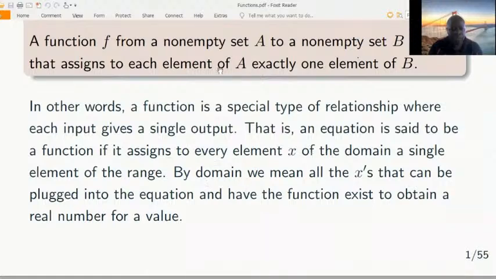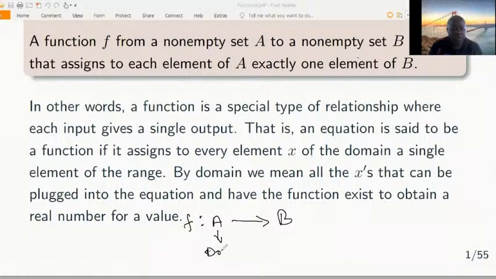Now, the set from which we are assigning, the set that has the objects, for instance, I have A, and we are assigning to elements in B. If f is assigning elements of A to elements of B, then this A shall be called the domain of the function.